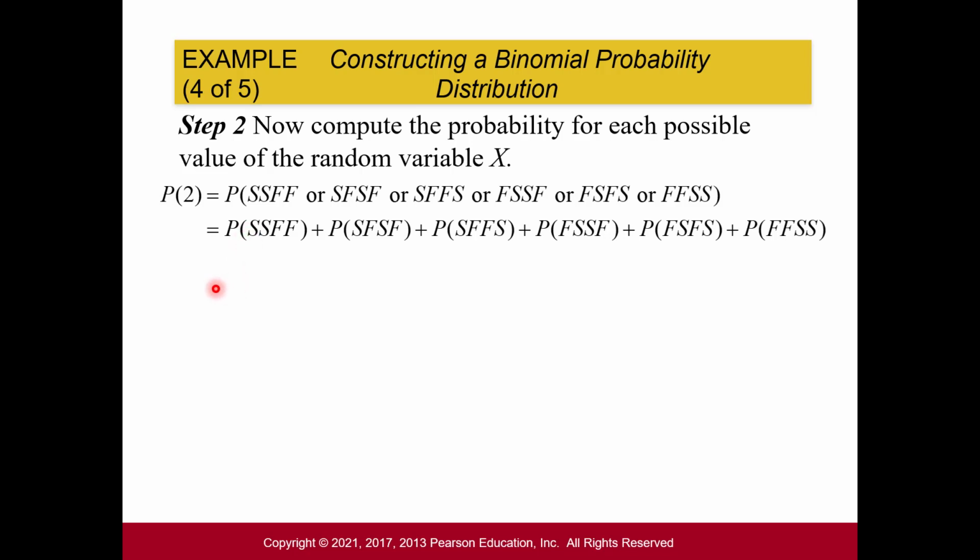Now let's compute for 2. So probability of 2 successes. This can happen 6 different ways. Success, success, failure, failure, success, failure, success, failure, and so on. And so we have to see what happens with each of these.